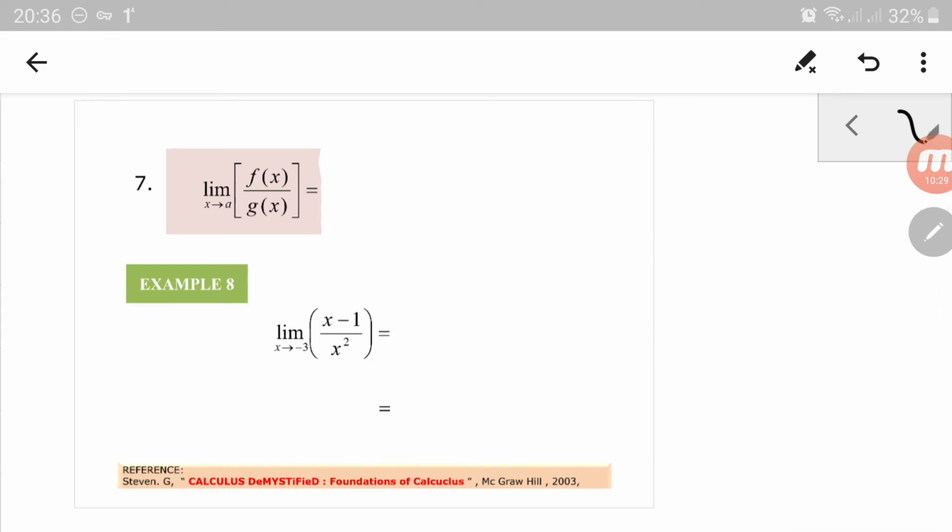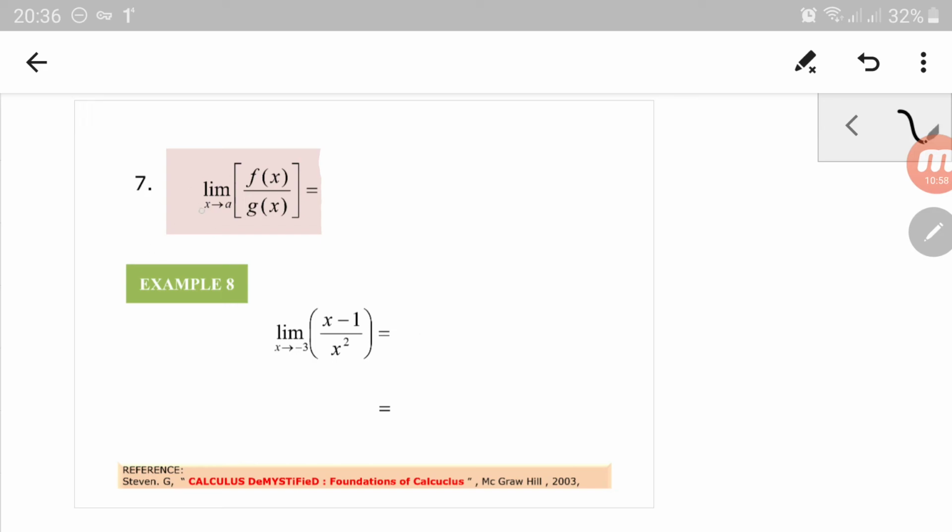Now, the first one just now we saw was the limit of f(x) plus g(x). The next one was the limit of f(x) multiplied by g(x). This time is the limit of f(x) divided by g(x). This one holds the same exact principle as the multiplication one we just did.